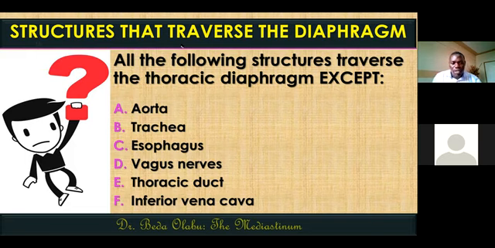So what makes you think that the inferior vena cava should not traverse the thoracic diaphragm? With the inferior vena cava, my answer was not the inferior vena cava.